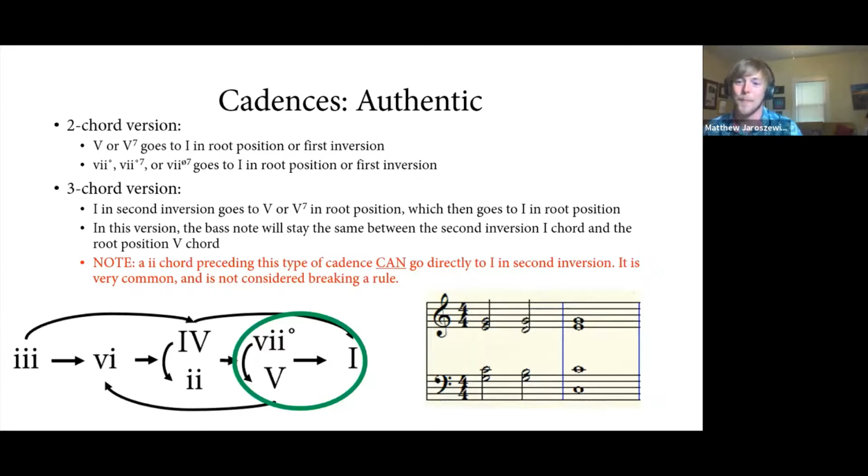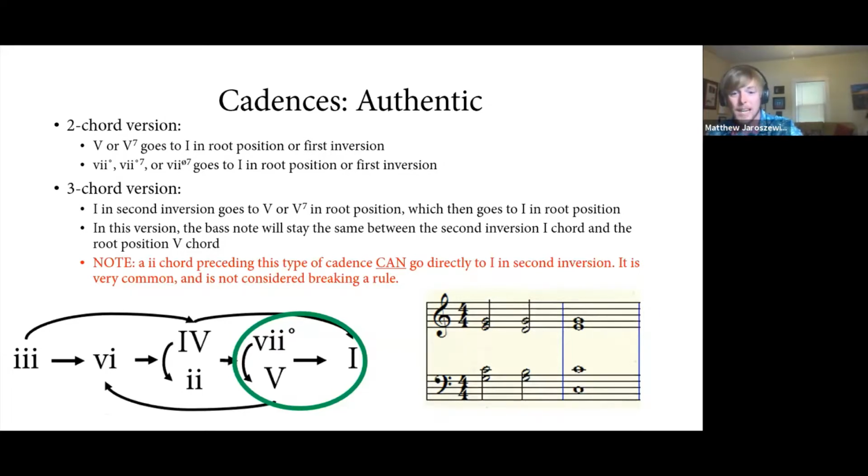Authentic cadences are by far the most common and the most important cadences in all of classical music. Authentic cadences are essentially any time we go from either 5 or 5/7 or 7 diminished, 7 fully diminished 7th, or 7 half diminished 7th to 1.